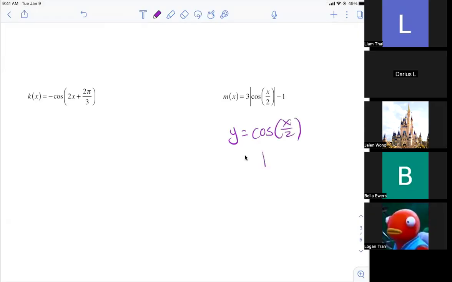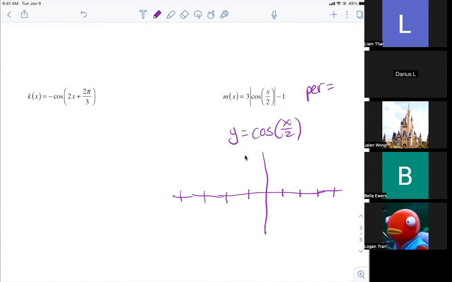And when you graph cosine of x over 2, how is it different from the normal cosine of x? Do you remember what the only difference would be? The only difference would be the period, right?